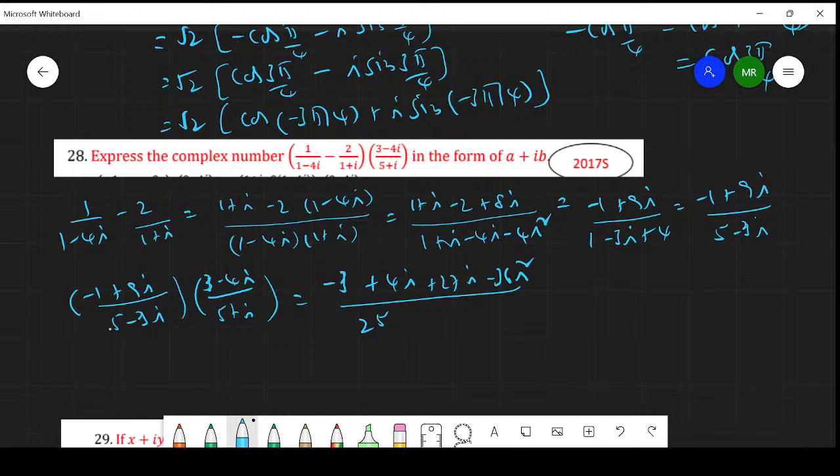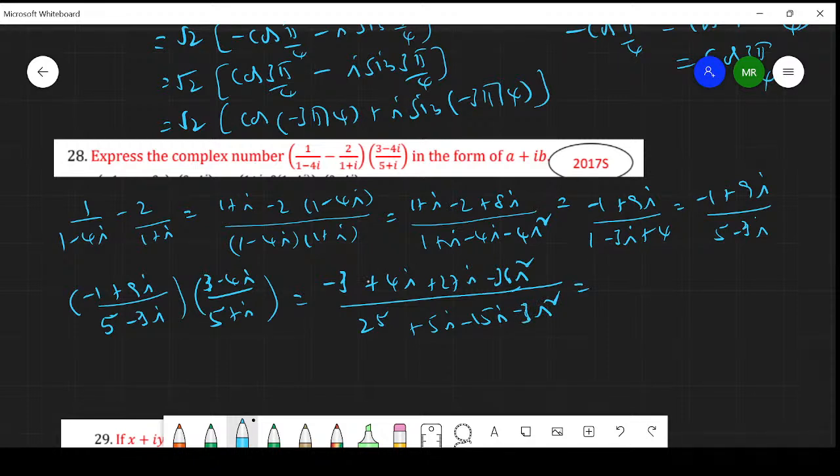This is 5. This is also 5 plus i. 25 plus 5i minus 15i minus 3i square.